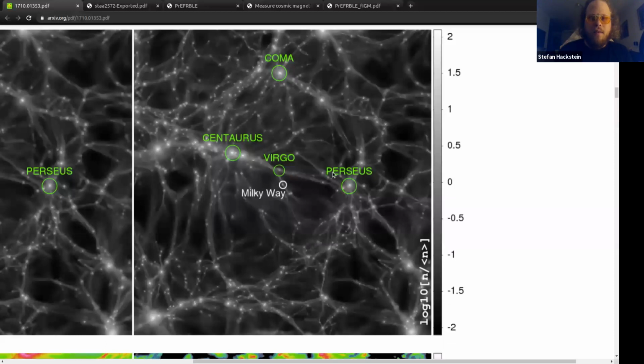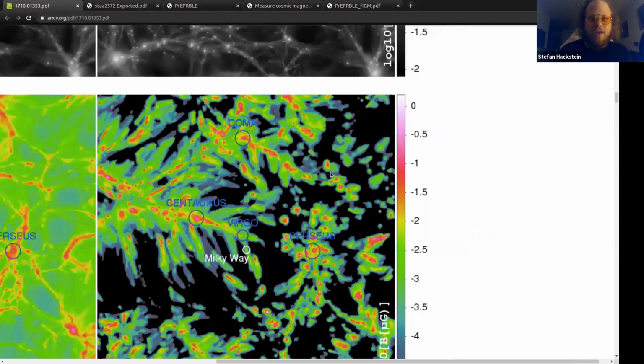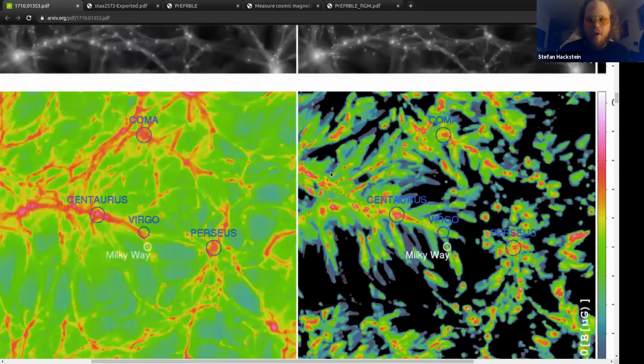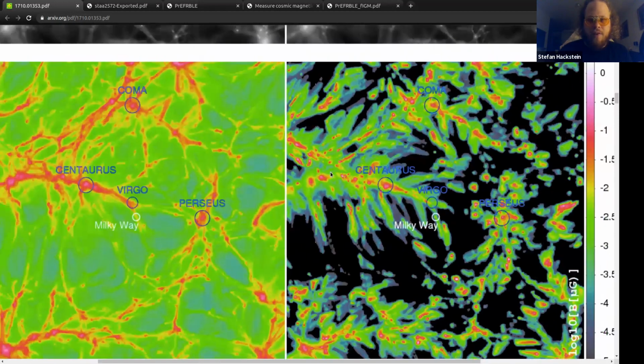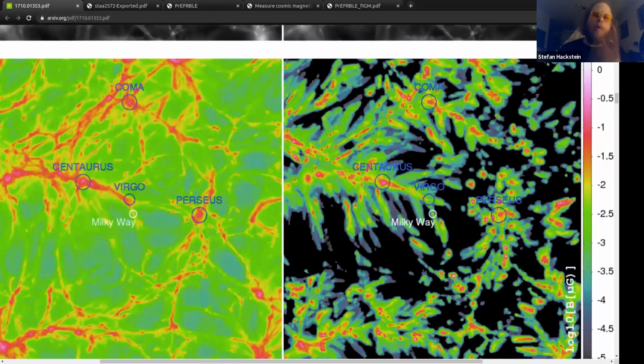In our last paper, we have been trying to tell apart two flavors of the origin of intergalactic magnetic fields, which can either be of primordial origin, in which case the magnetic field would span the entire universe and would basically survive to the present day out in the voids. You can see this in the left case, where we have very strong magnetic fields in the low density regions.